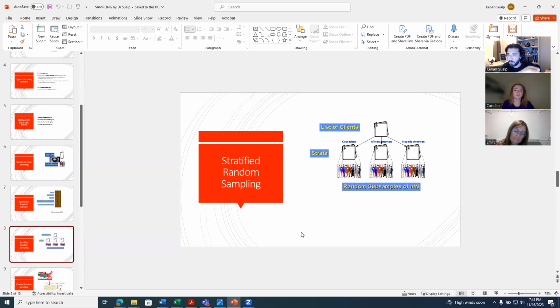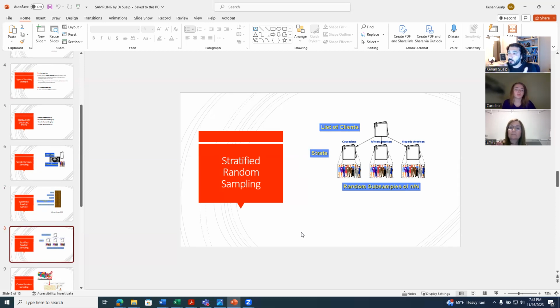My population was UCF students. So I am pulling from the white UCF students box, which includes all white UCF students' names. I'm pulling from that and putting it in my white box in my sample. And then African American, I'm putting to the African American box.